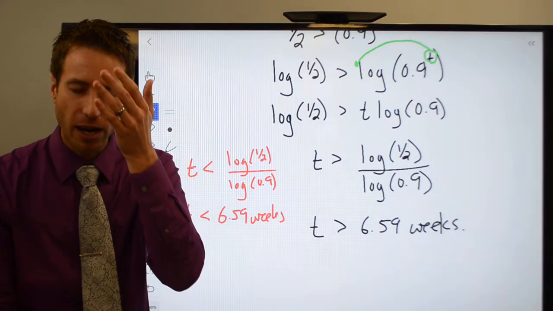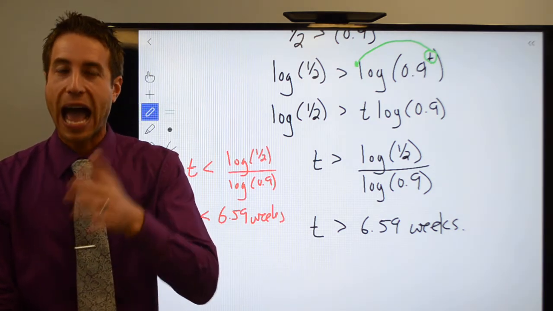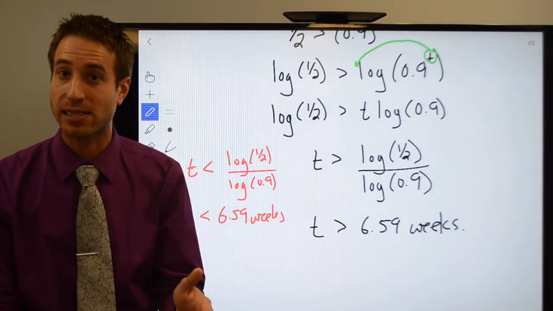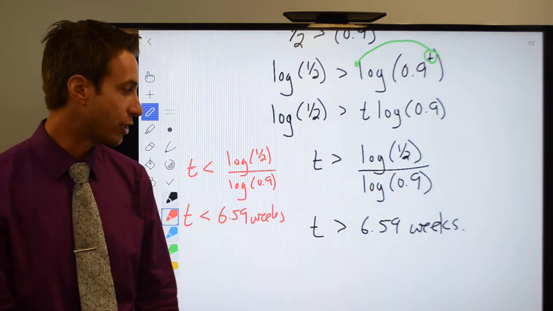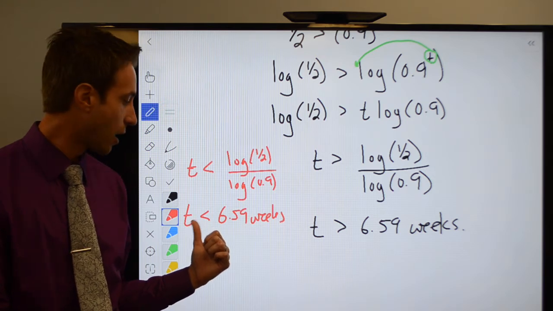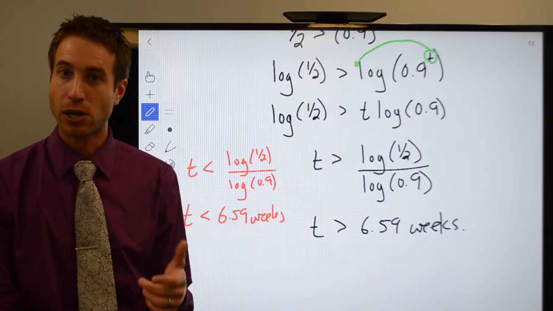But then you go, hang on a second, hold the phone. I want to know how many weeks it'll be until the camera is less than half its original price. And this says T, the weeks of the sale, has to be less than 6.59. That doesn't make any sense, right?